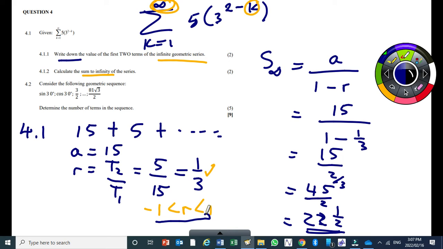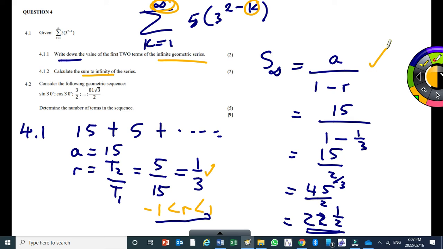You remember? So make sure you know that for an infinite geometric series, the common ratio must be between minus 1 and positive 1. If the common ratio is between minus 1 and positive 1, then you can use this formula to calculate the sum of that series. Any questions so far?